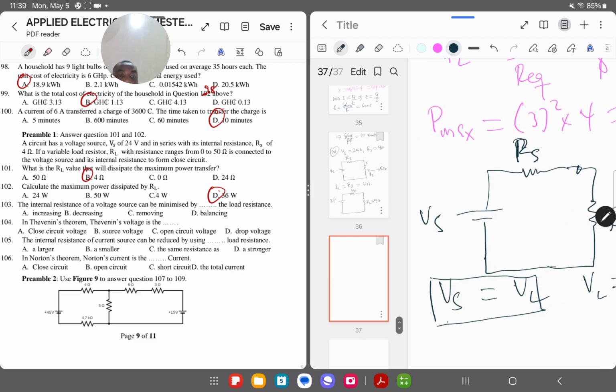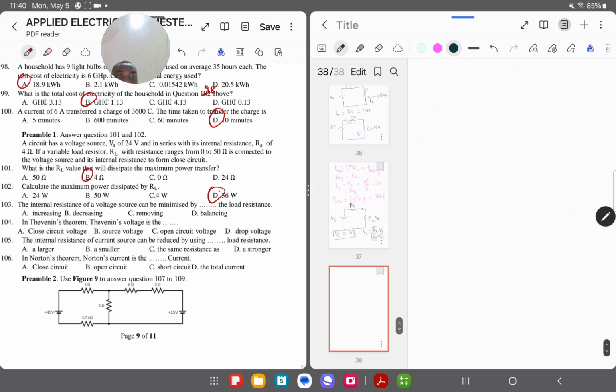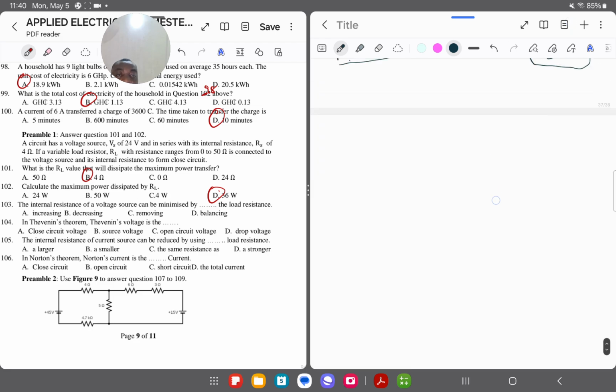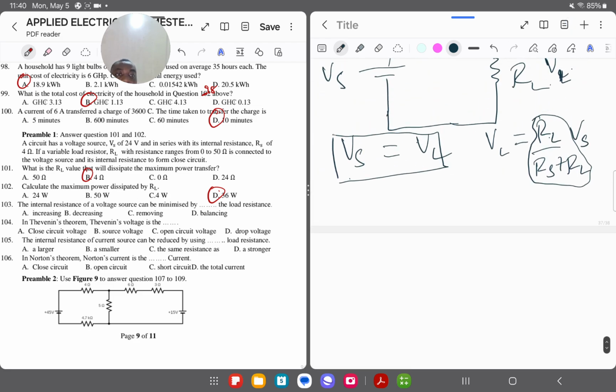So here has to be equal to 1. So for me to get RL over Rs plus RL to be equal to 1, and for me to get 1, remember I'm having a load resistor.